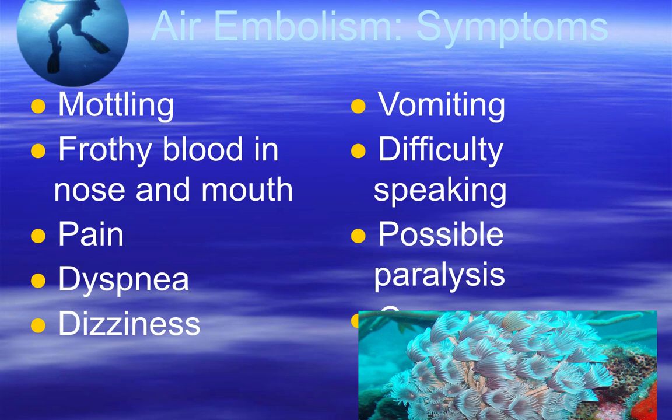Now, marbling, and we'll go on to the next page in a minute. This is the worst symptom. They're near death. Not every patient who has an air embolism is going to have marbling. These are patients that are about to die. Frothy blood in the nose and the mouth: now we have alveolar rupture, a submersion victim, and pulmonary edema.